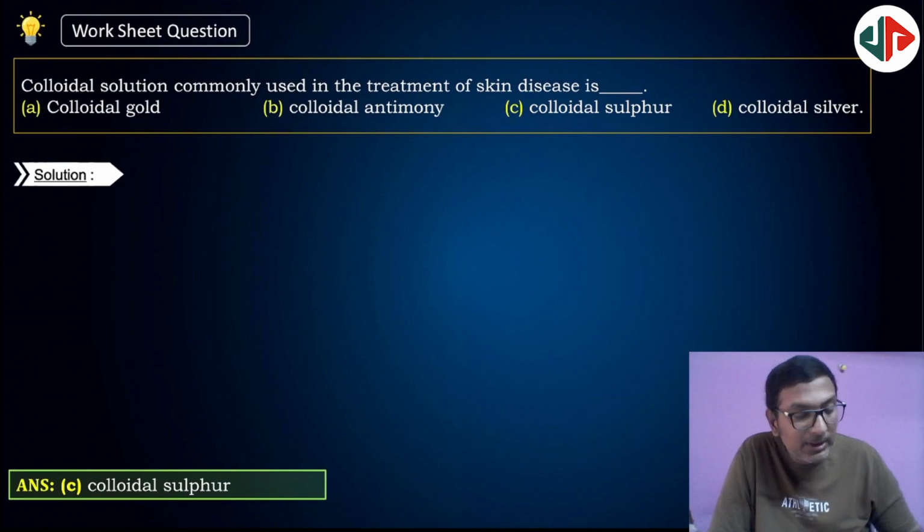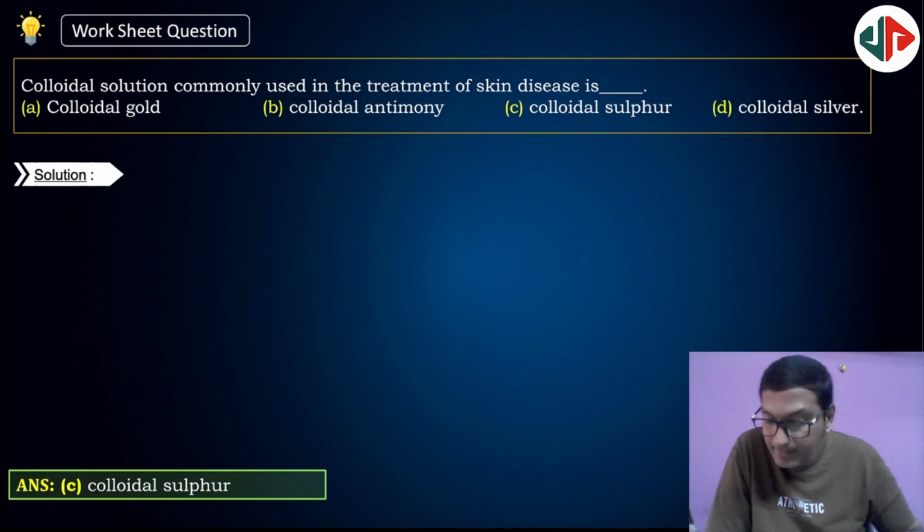Colloidal solution commonly used in treatment of skin disease. Skin disease.